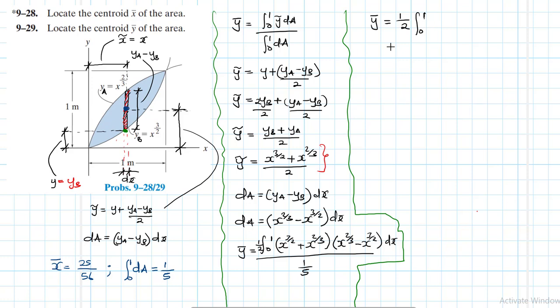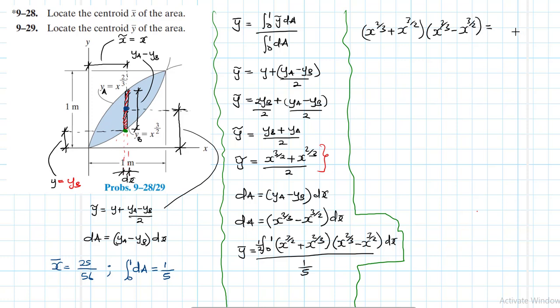If you worked this out as just a difference of two squares, maybe let me write it. So I'll rearrange it, and I'll write it as (x to the power 2 over 3 plus x to the power 3 over 2) and then (x to the power 2 over 3 minus x to the power 3 over 2).